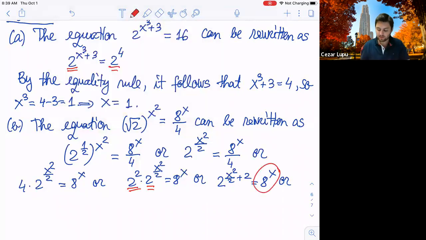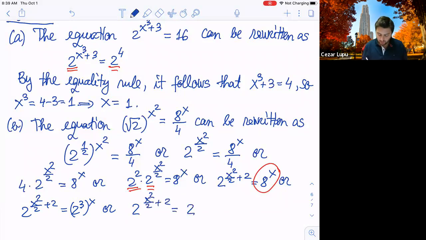And we have the following: 2 to the power x squared over 2 plus 2 will be, and pay attention now, 8 will be 2 to the power 3, everything to the power x. Or equivalently, I can swap these two. So this will be 2 to the power x squared over 2 plus 2 will be equal to 2 to the power 3x.